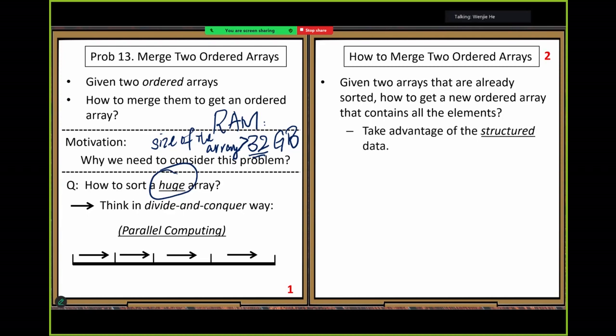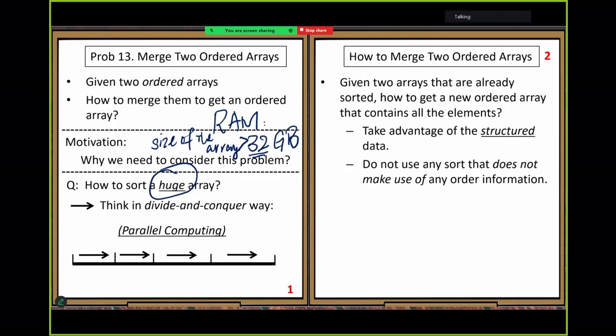Now, let's look at the idea. We need to find an appropriate strategy here. We need to take advantage of the structure. The main structure here is the order information. But the question is how to use the order information.